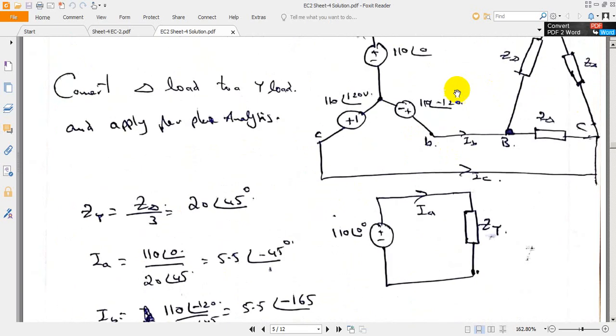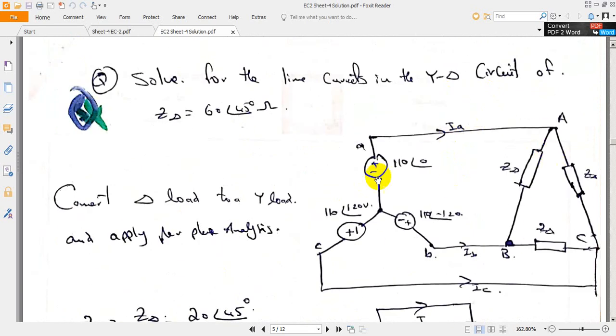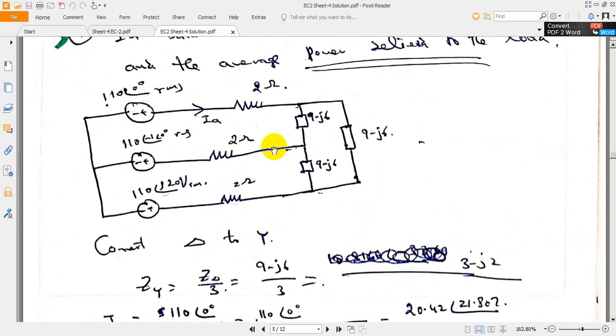If you compare this circuit, there we had a delta circuit connected directly to a Y circuit, whereas here in between the Y and delta circuit we have an additional impedance for each branch. Here we have 2 ohms, here 2 ohms, and here 2 ohms, and apart from this we have a delta circuit here.